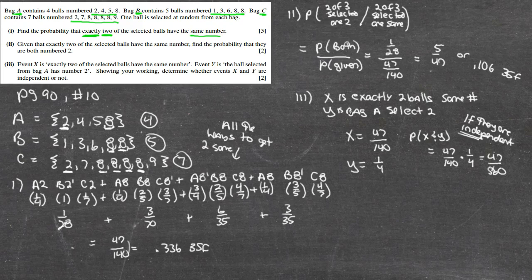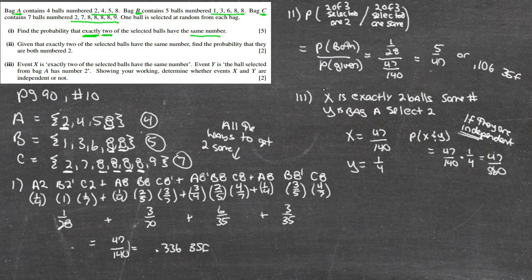Well, there's a couple different ways to go about it. Number one, if you look in part 2 where we did the conditional probability, at the very top, we're looking at the probability of finding that 2 of 3 selected are a 2, given that 2 of the 3 are the same. And to figure it out, we had to find the probability of both of those things happening.